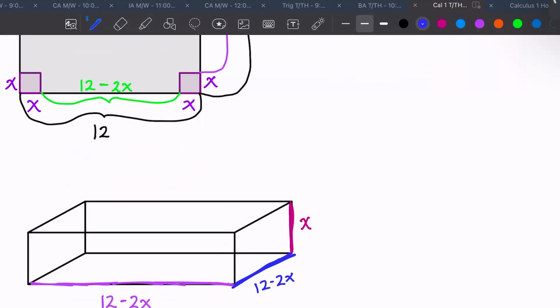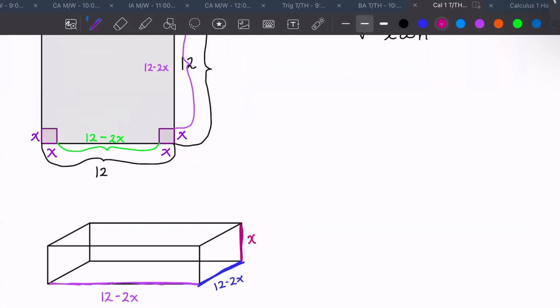Okay. Well, that means that if we have length, width, and height, our length is 12 minus 2x. Our width is what? 12 minus 2x. What's our height? X. Yeah, x.